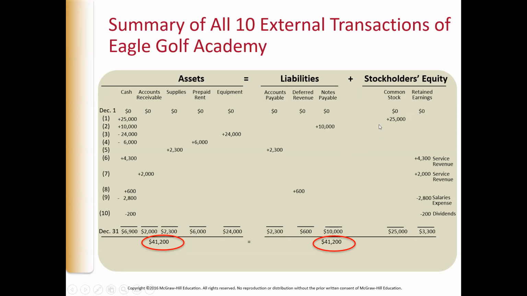And we did issue some common stock, but all the others go to retained earnings. Our revenue increases our retained earnings, our expenses decrease our retained earnings, and our dividends also decrease our retained earnings. But guys, do you see that our assets of $41,200 still equal our liabilities plus stockholders' equity of $41,200?